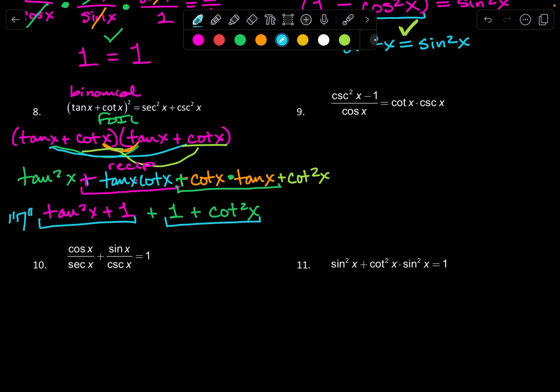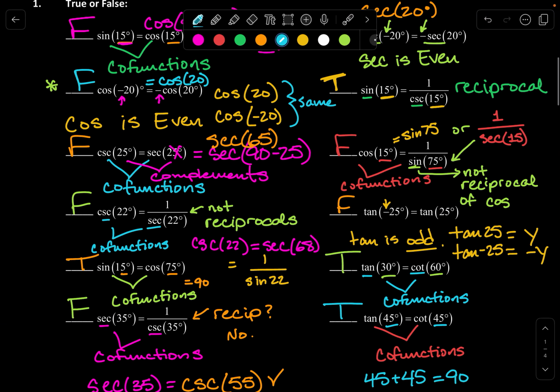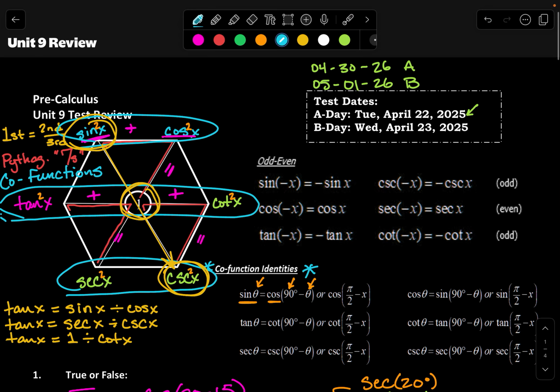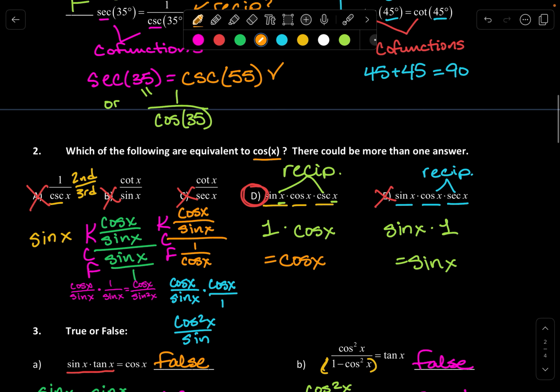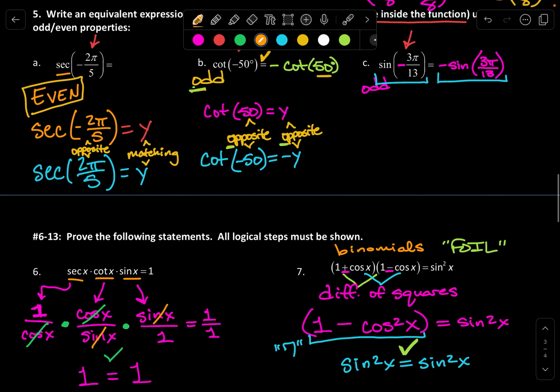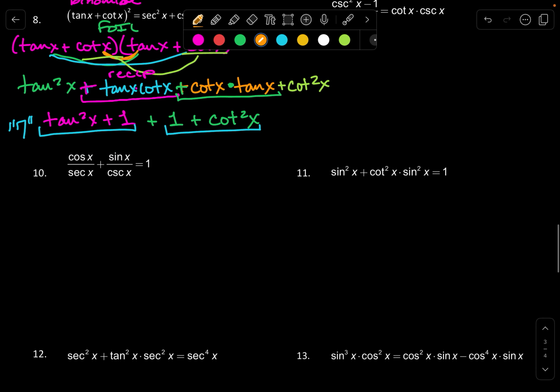This first one, tangent squared x, if you go to your hexagon and you start at tangent squared x and you follow the 7, you could say tangent squared x plus 1 equals secant squared x. So what I can do is I can take this entire left side and just replace it with secant squared x.